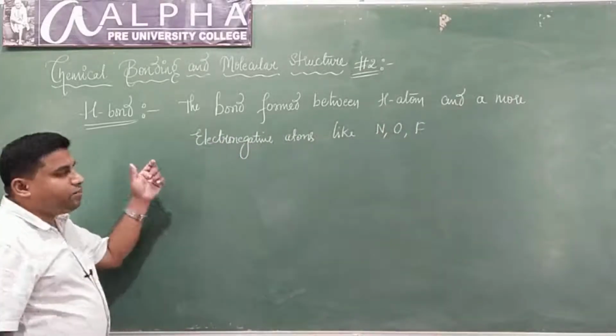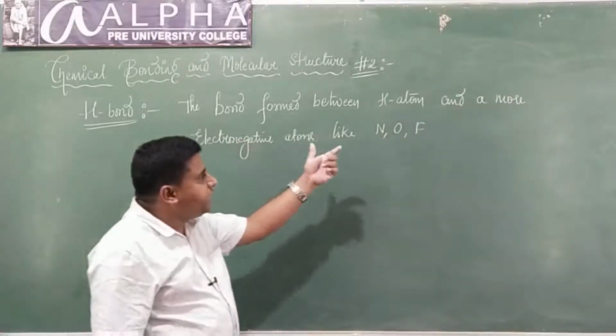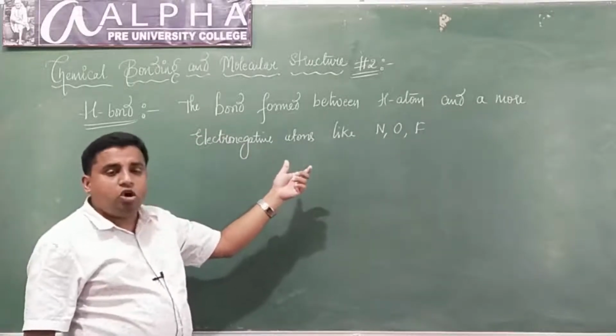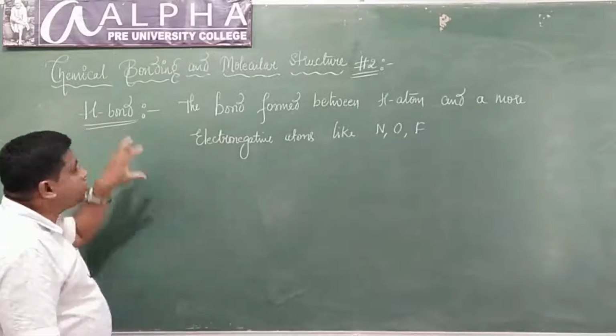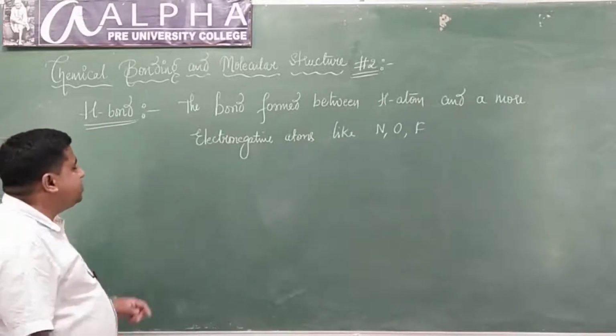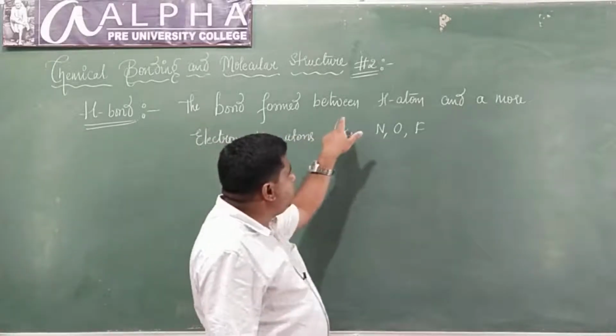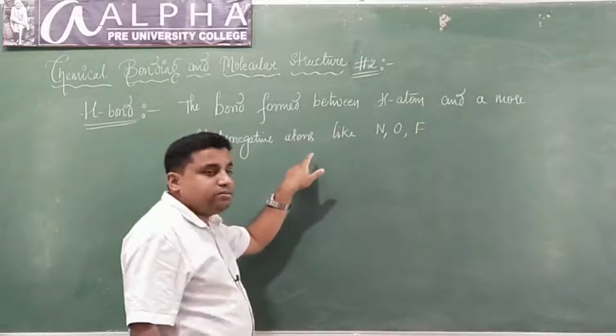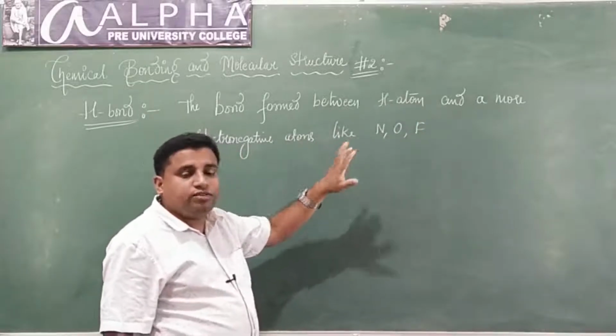So this bond is called what? Hydrogen bond. Okay, come again. What is hydrogen bond? It is the bond formed between hydrogen atom and more electronegative atoms like nitrogen, oxygen, fluorine.